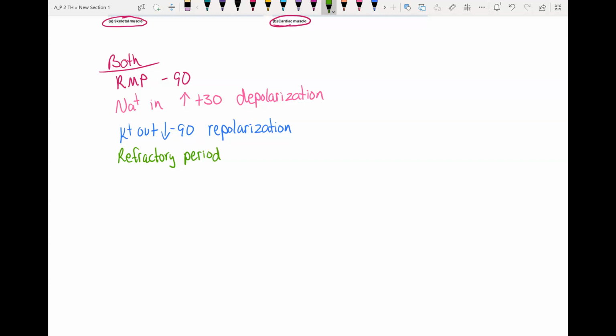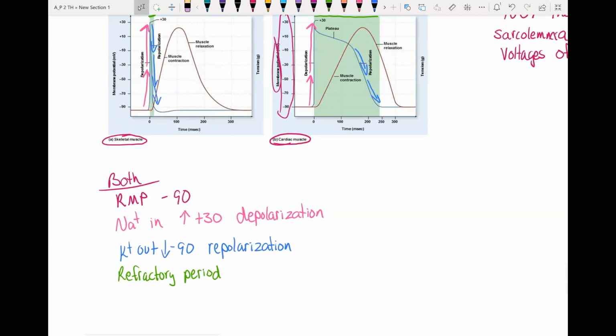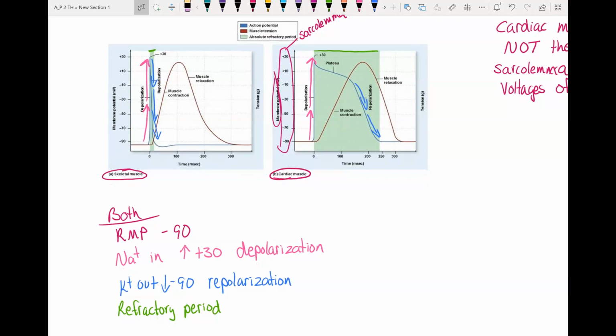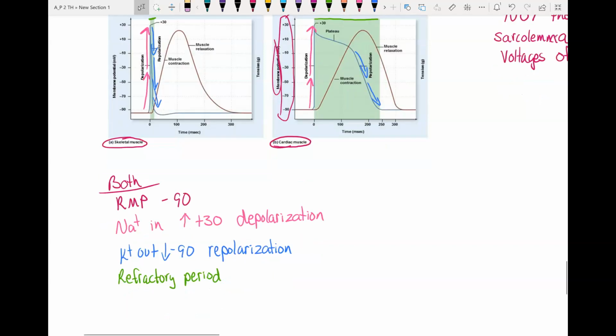Remember in chapter 12 learning about how the action potential moves along the axon and it has to move forward, it can't move backwards. The reason it can't move backwards is that the sodium gates become locked. The refractory period is the time during which you cannot have another action potential.